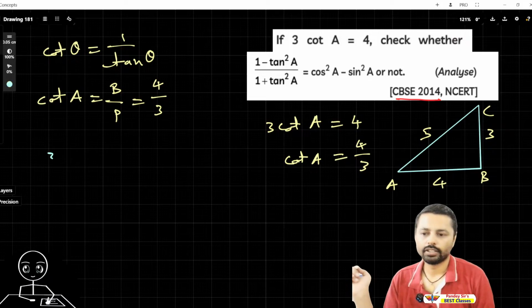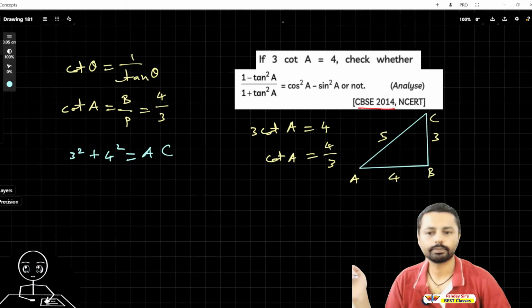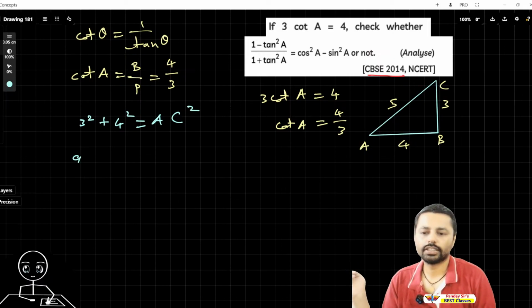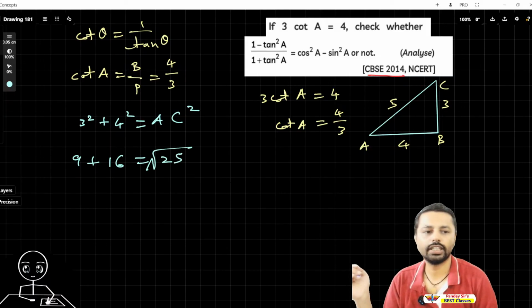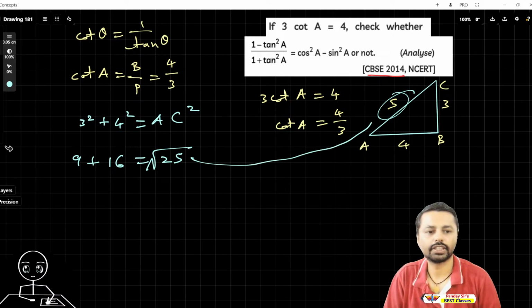See, 3 square plus 4 square equals AC square, the Pythagoras theorem. So that's 9 plus 16, that's 25. The square root of 25 is obviously 5.